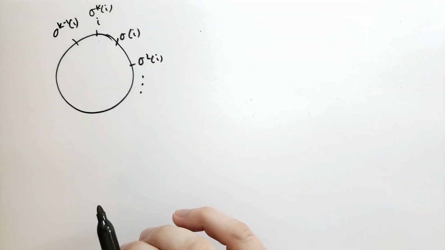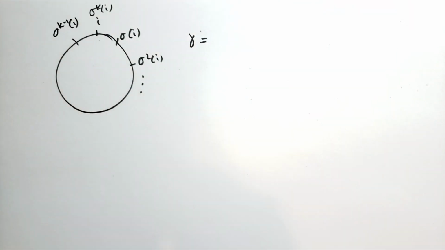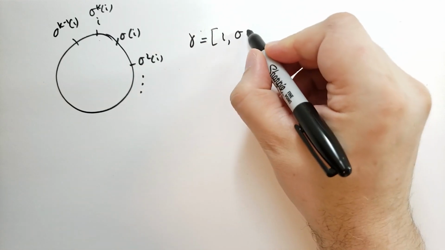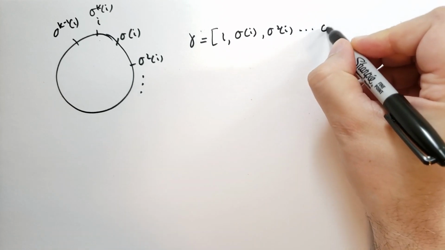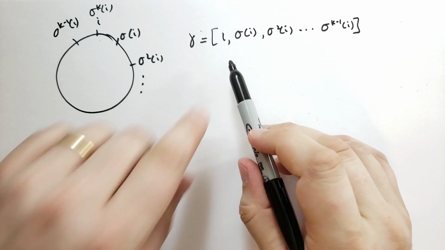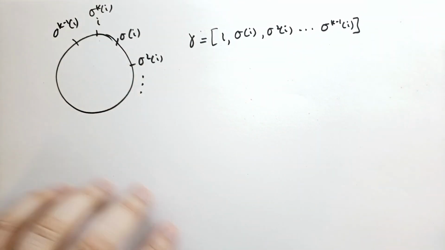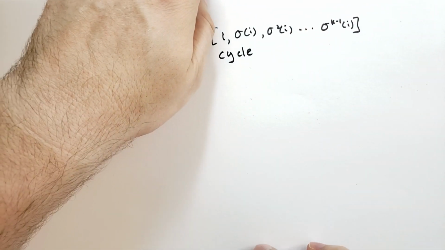And so we're going to describe this orbit. We're going to use the symbol gamma, okay? And this is going to be the numbers I, sigma of I, sigma squared of I, all the way up to sigma to the k minus 1 of I. Okay, so all of these numbers belong to this orbit, okay? And we'll call this the cycle of the orbit, okay?